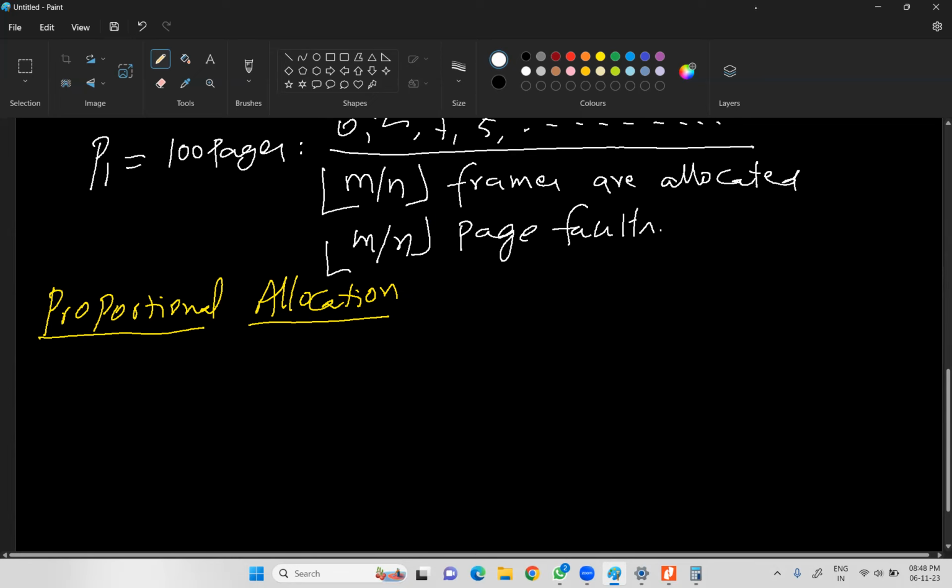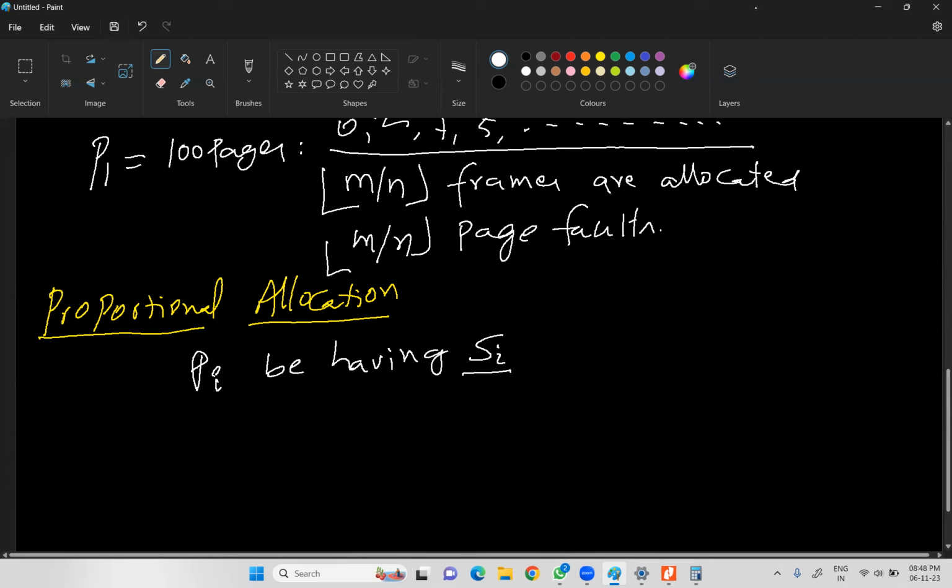For example, the virtual memory required by a particular process pi will be si.